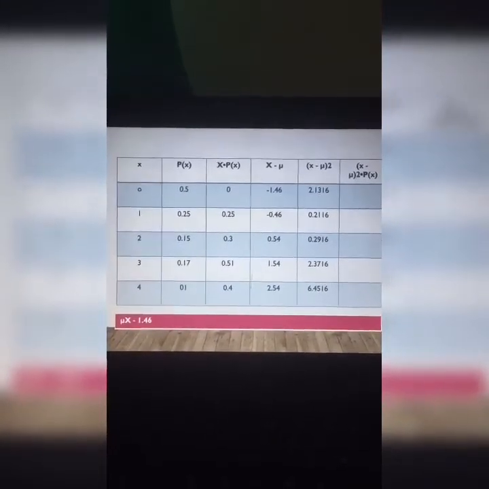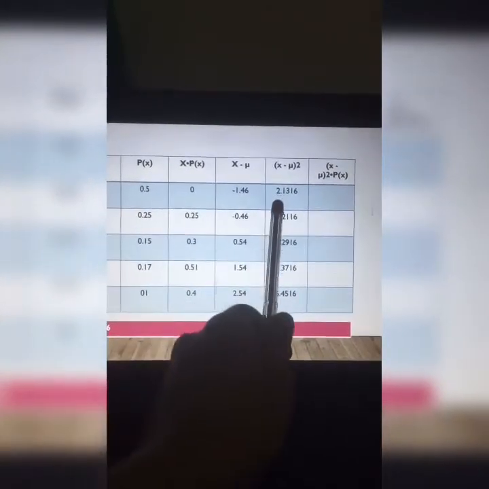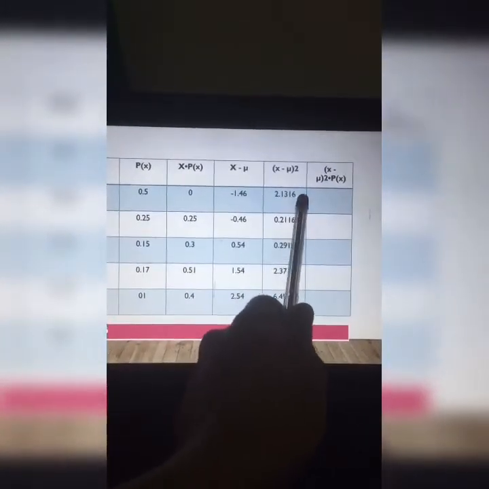Now for our fifth column, which is x minus mu squared. As you can see, because there is a square sign, it means we only have to square the previous column. Negative 1.46 squared equals 2.1316.